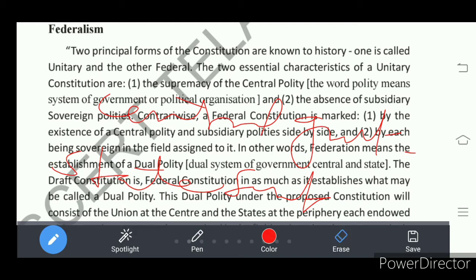This existence of a central government and state governments is what we call a federal constitution.